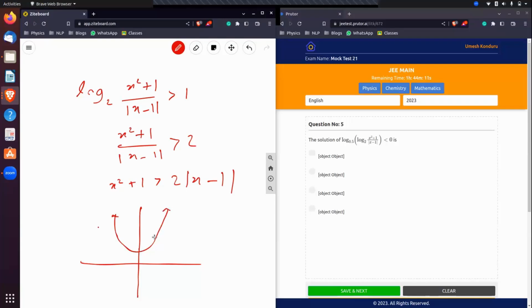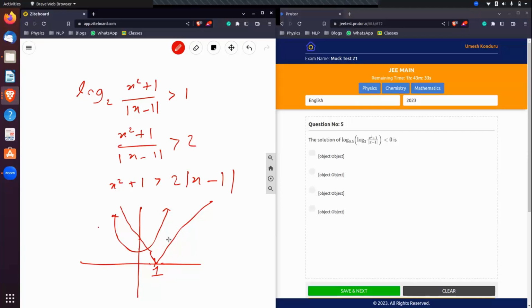So this is x squared plus 1. Let's say this is 1, 2, it's 1. And I guess 2 times mod x minus 1 might look like this. So let's call this 1. So this is how 2 times mod x minus 1 looks like.